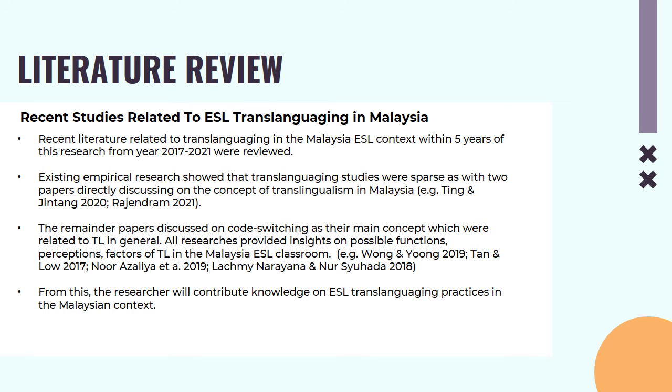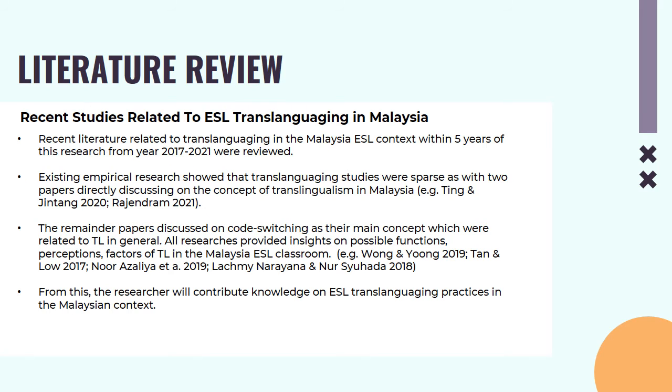In the last section of the literature review, recent literature related to translanguaging in the Malaysia ESL context within 5 years of this research, from year 2017 to 2021, were reviewed. Existing empirical research showed that translanguaging studies were sparse, with 2 papers directly discussing the concept of translingualism in Malaysia.